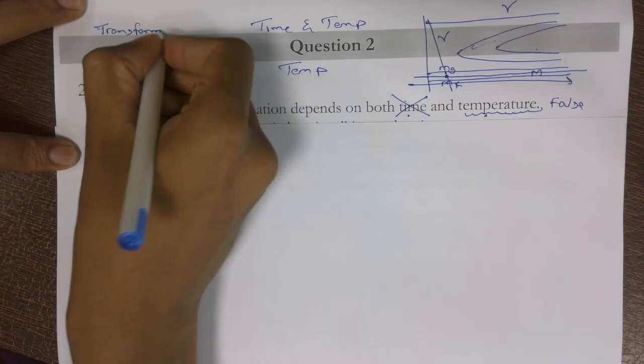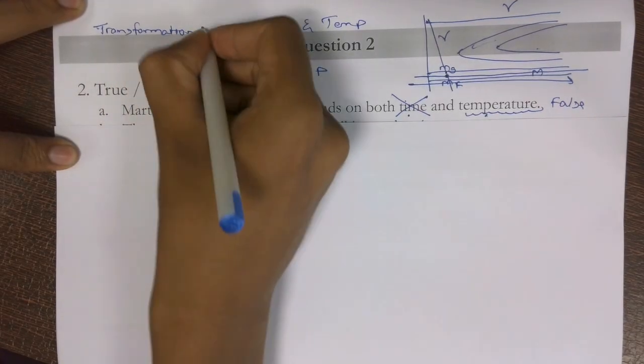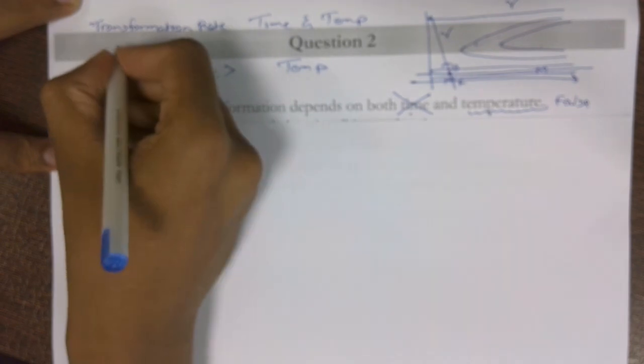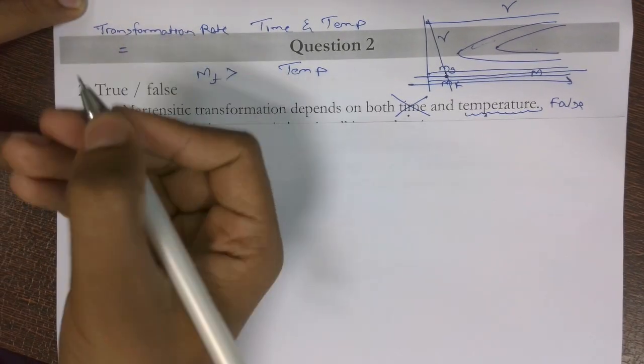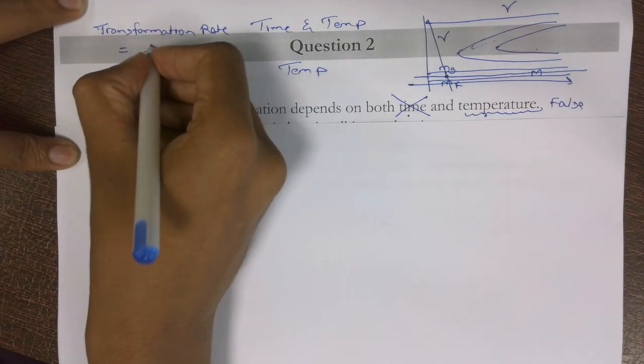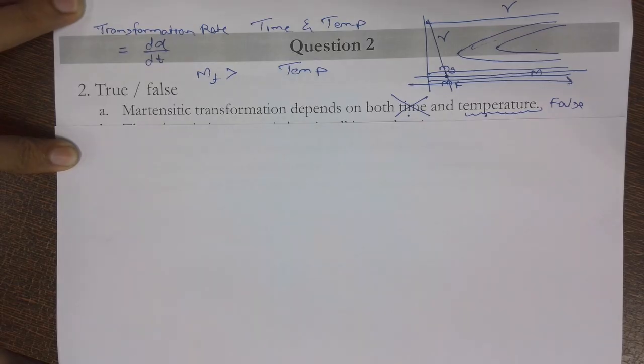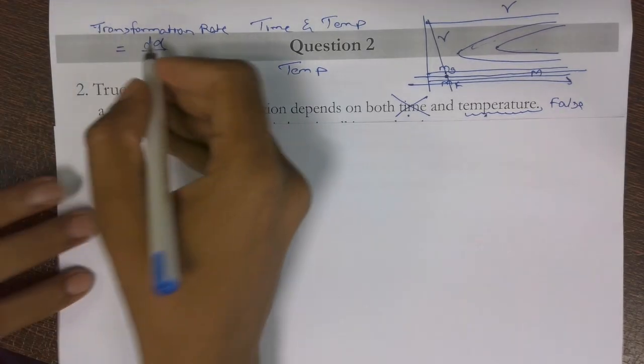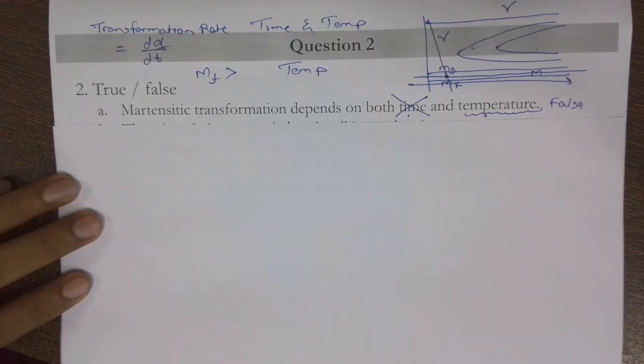How much fraction has been transformed? The fraction transformed to martensite is dependent on the temperature and independent of the time.